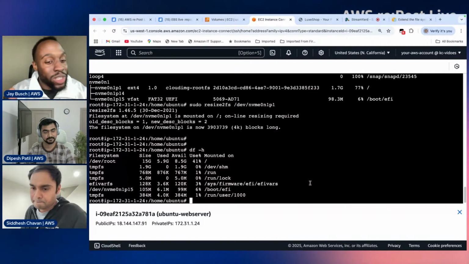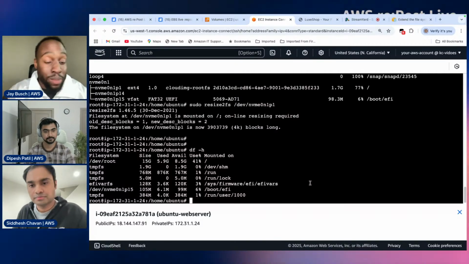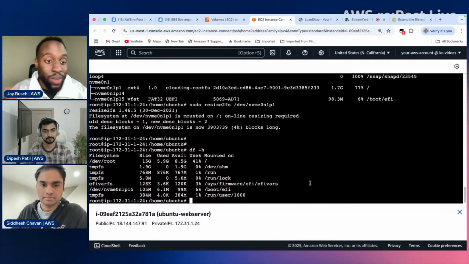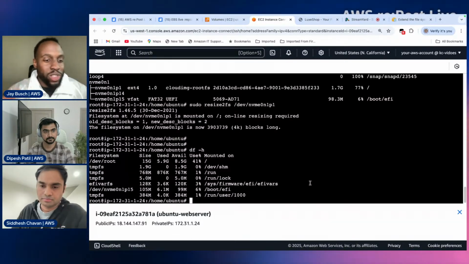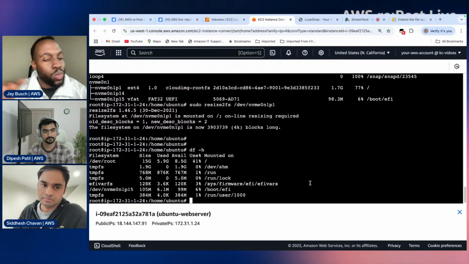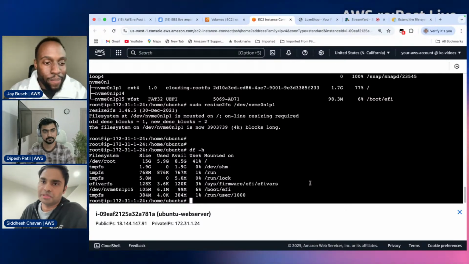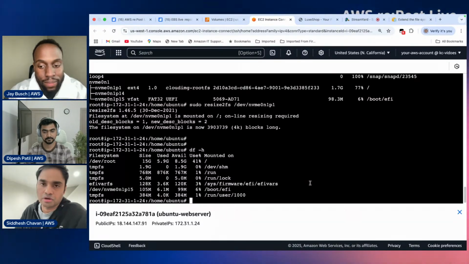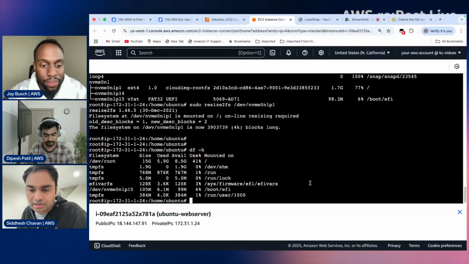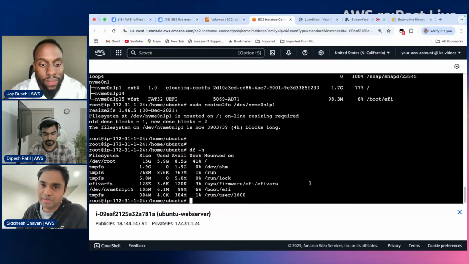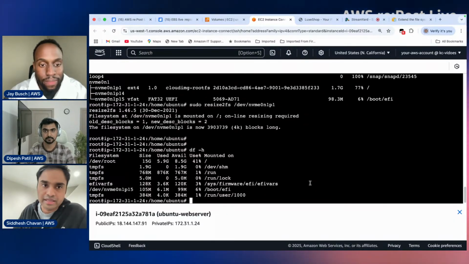Sadesh, I think I have a question for you. Obviously, automation is king in this space. I think it was great that we were able to go through some of these manual steps, but can you give us a high-level overview of what your demos showed that we could potentially automate? Yeah, there are multiple ways, and there is one documentation that we are happy to share on this conversation. You can make use of multiple services like CloudWatch, Step Functions, and AWS Systems Manager.